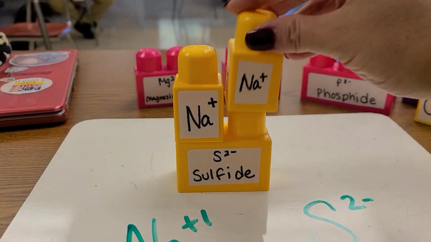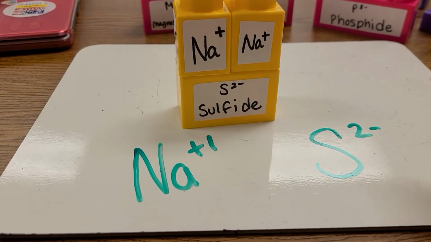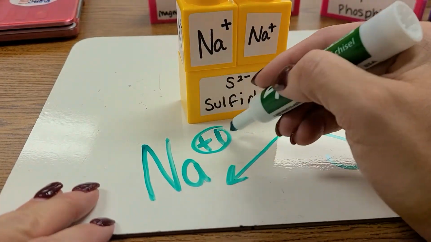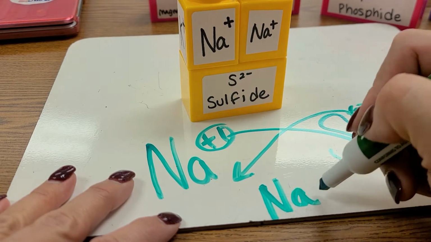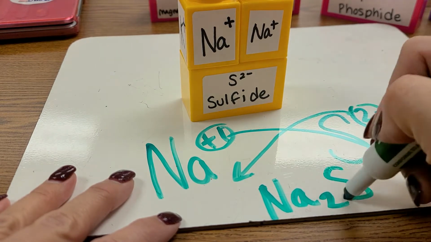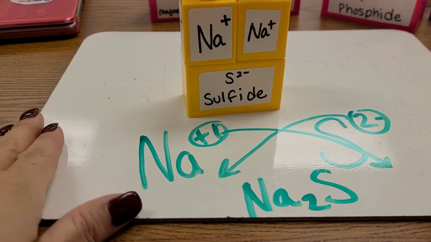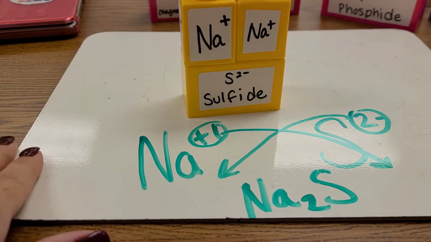So you're going to need 2 sodiums for every 1 sulfur. And again, you can take the 2 and put it here, and take the 1 and put it here, and this compound is going to be Na2S. We don't write the 1's, so it's just going to be Na2S, and that's called sodium sulfide. So you just put the names together.